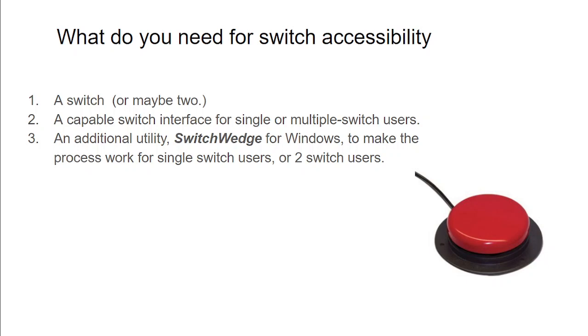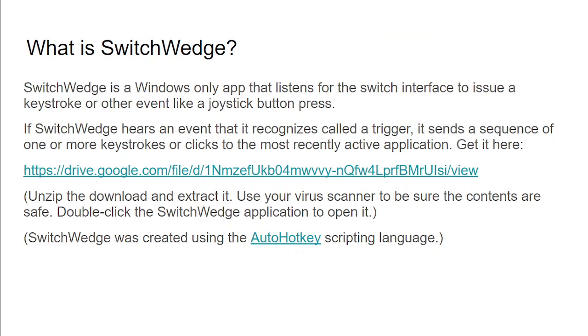And you will need a utility. It's called SwitchWedge for Windows, and it's needed to make the Alt R happen, and also maybe the click required to advance a slideshow. So SwitchWedge is a utility that listens for events that the switch interface is sending to the computer.